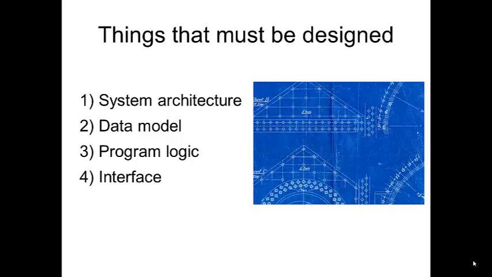If you've got JavaScript programs running, PHP programs, that logic program has to be designed. And then there's the interface that the users use to interact with the system, and also that provides the feedback, the results returned from the system. So there's four things, and there may be other things that I haven't thought of that potentially need to be designed in any application.